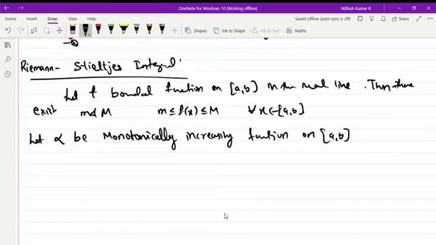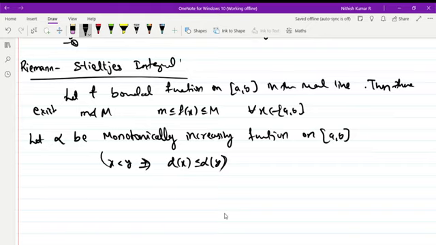What do we mean by a monotonically increasing function? If x is less than y, it implies alpha of x is less than or equal to alpha of y. So it's a monotonically increasing function.